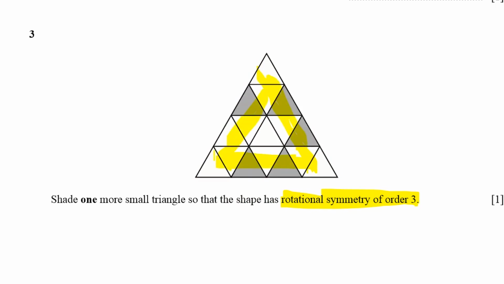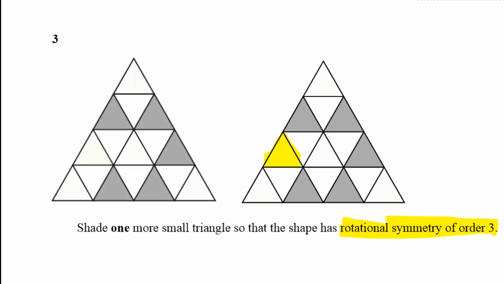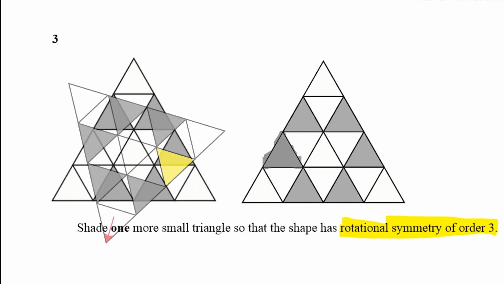Right slant column will become the bottom horizontal, and bottom horizontal will be mapped on the left slant one, and the left slant will be on the right slant. If we shade this triangle, that triangle will help us. If we rotate after 120, we will be having the same figure. After 240, again we will have the same figure.